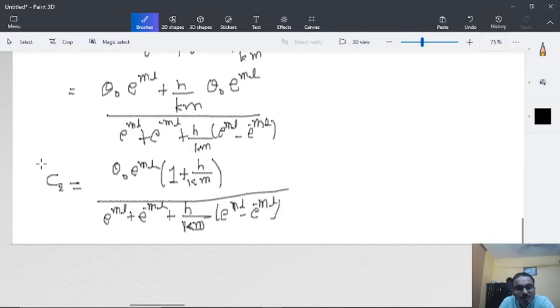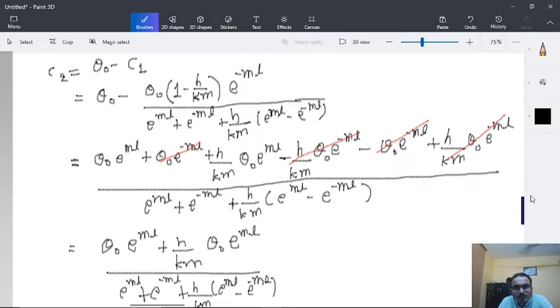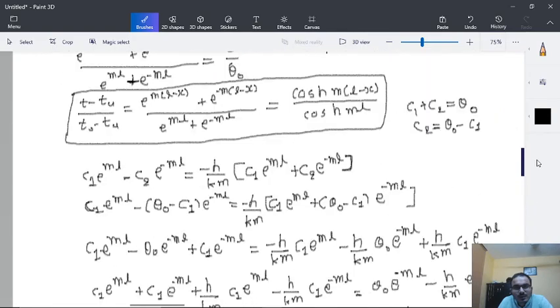So this will be the value of C2, and this is the way we can obtain the values of C1 and C2.